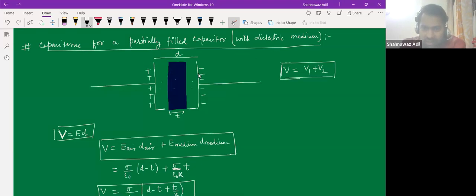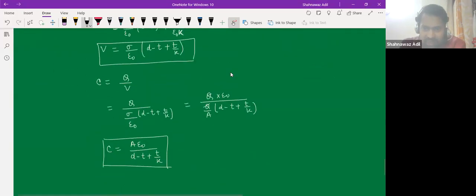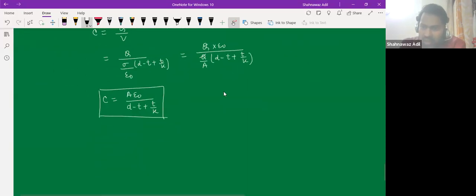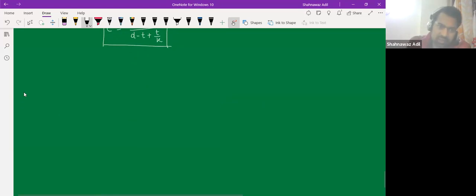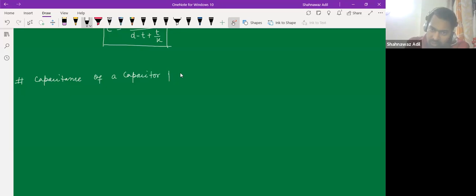This is the capacitance, and the other thing is the capacitance of a capacitor partially filled with a conductor.